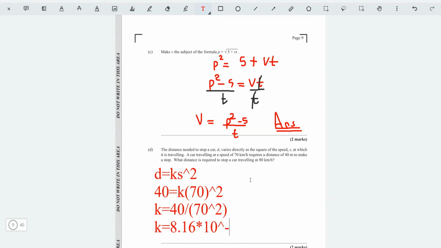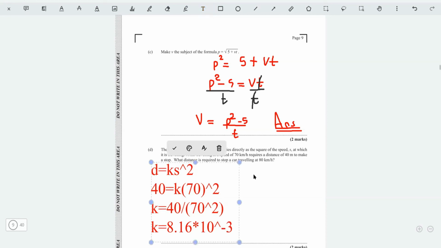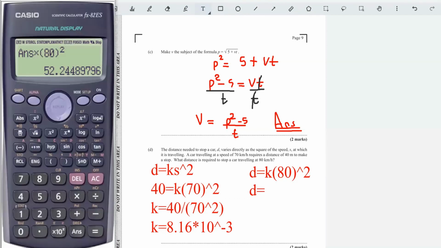And then we went over here and found the distance d for when it is k times 80 squared, and we get that the distance is 52.2.